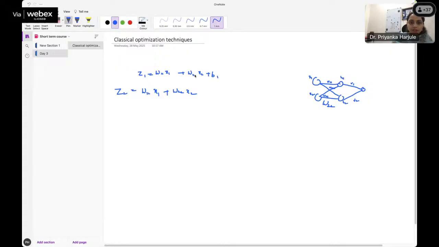So we want the weights which are going to H1, that is W11 and W21. And here we are taking the weights which are coming to H2, that is W12 and W22. So plus the bias.